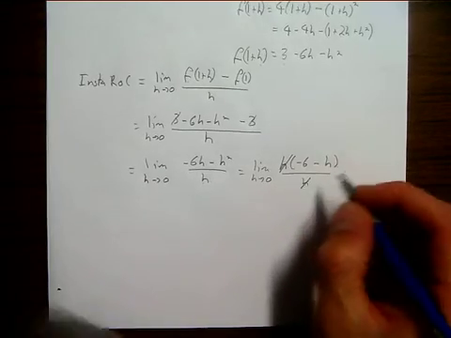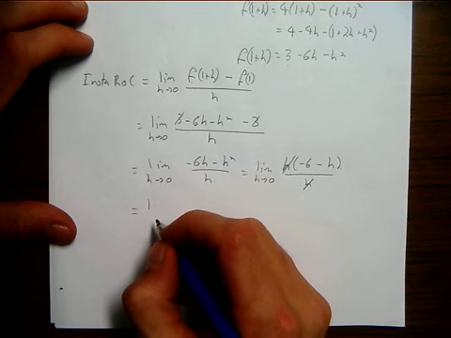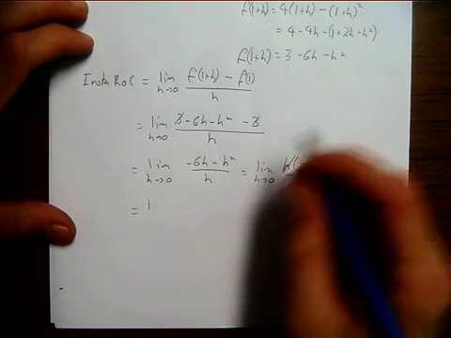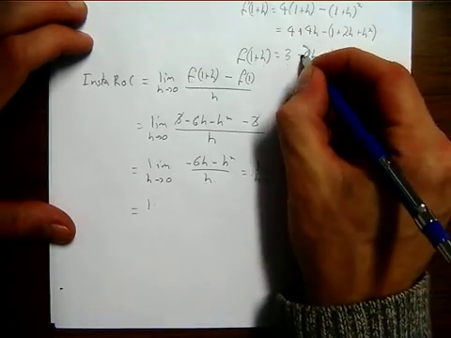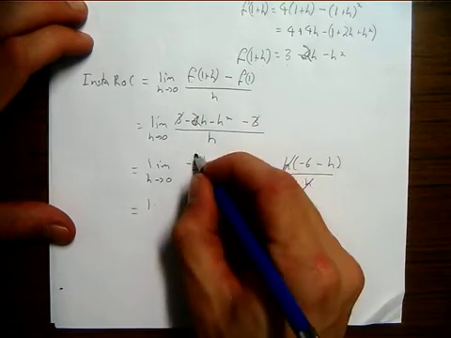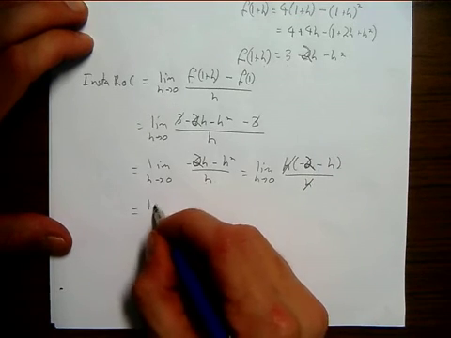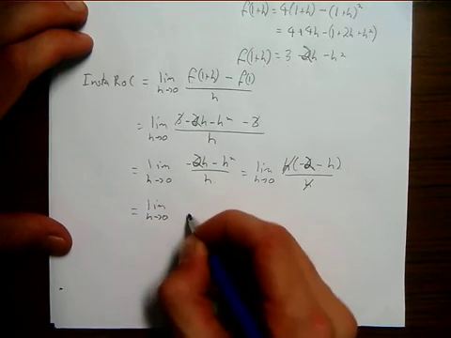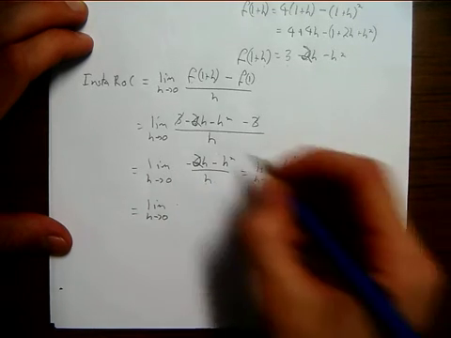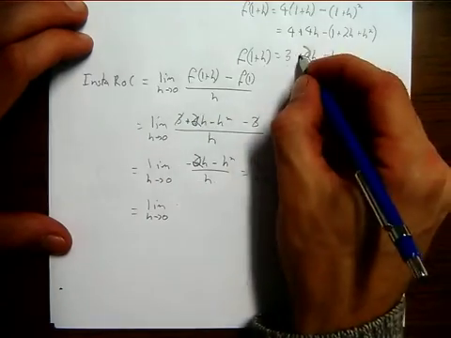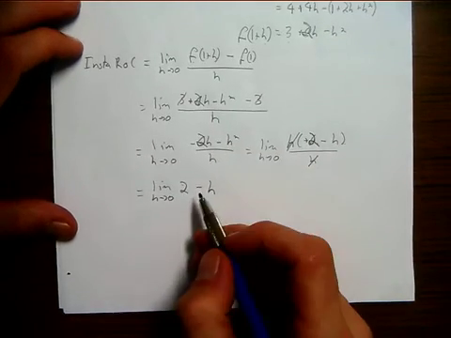These h's will cancel, and I'm left with the limit. I've done something wrong somewhere. This should be a plus up here, which means that this is a 2. So I've got the limit as h approaches 0 of, that's a plus as well, 2 take h.